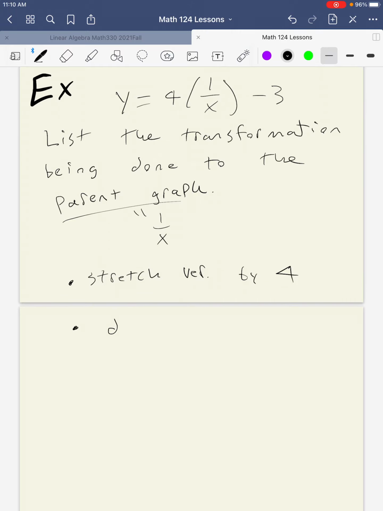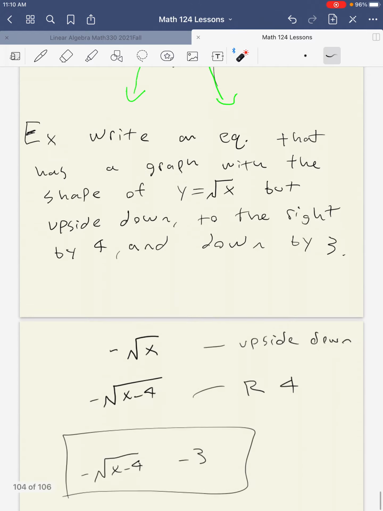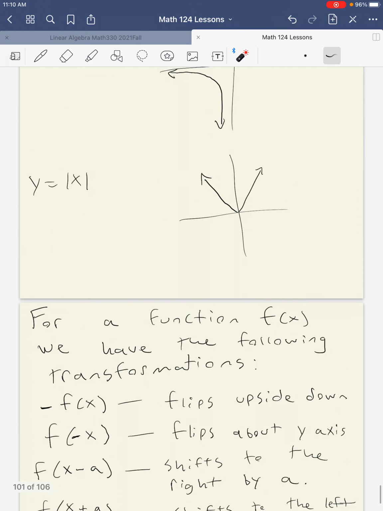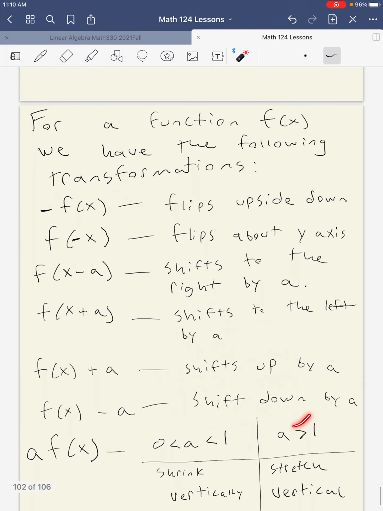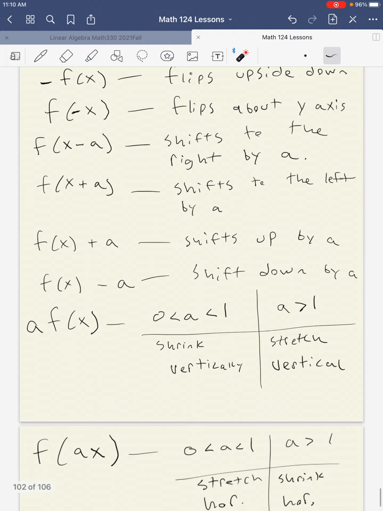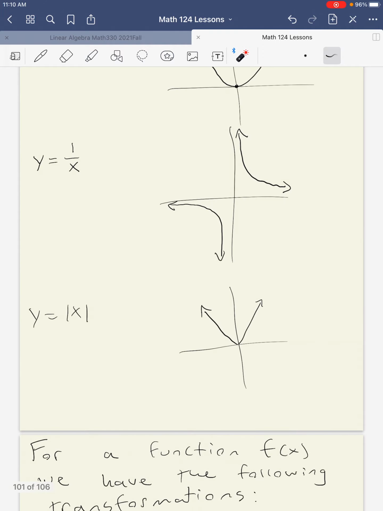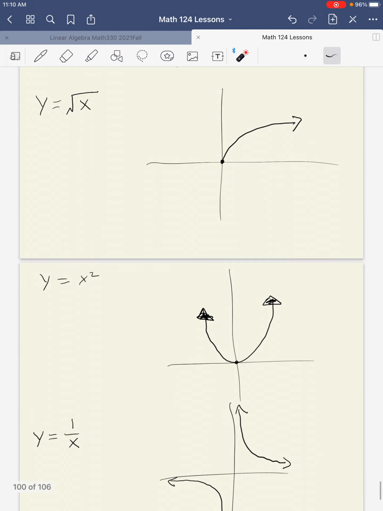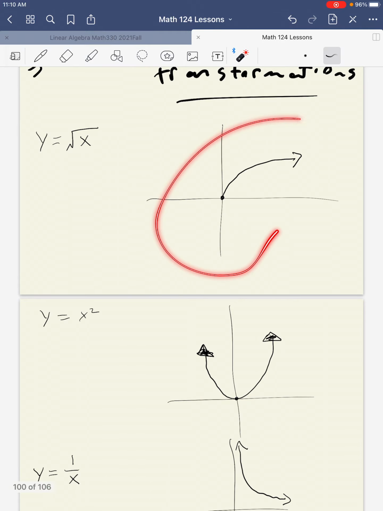Another thing is we shift down by 3. That's what this minus 3 on the outside is doing. Okay, so you may be given some equations and you just need to list the transformations, and you can find all of them through this list. Right, and then again, these are sort of your basic parent graphs that you may encounter.